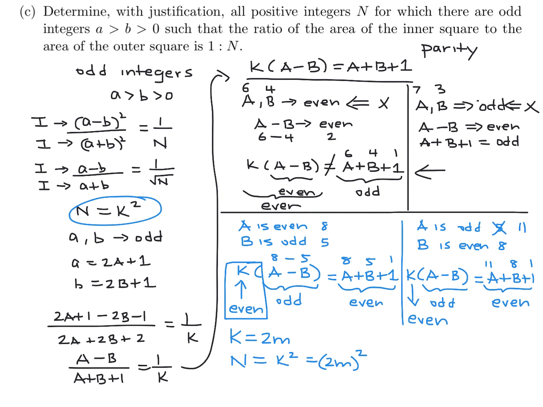So all positive integers n that satisfy the conditions of the question are of this form, that n is a square of an even integer. And that's pretty much it. All n that are of that form will satisfy the condition of this question.